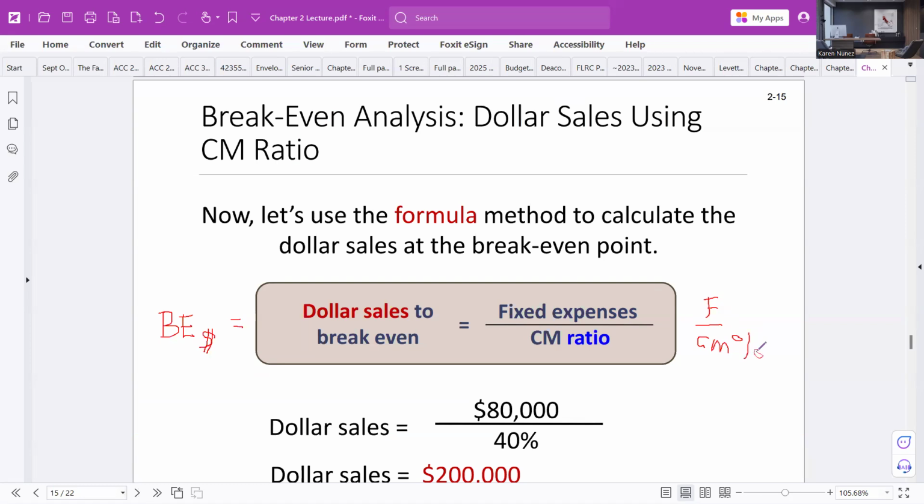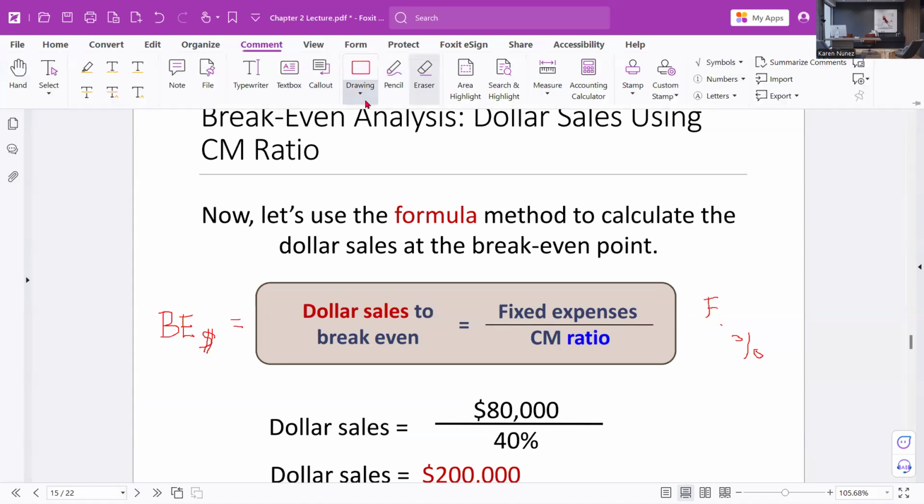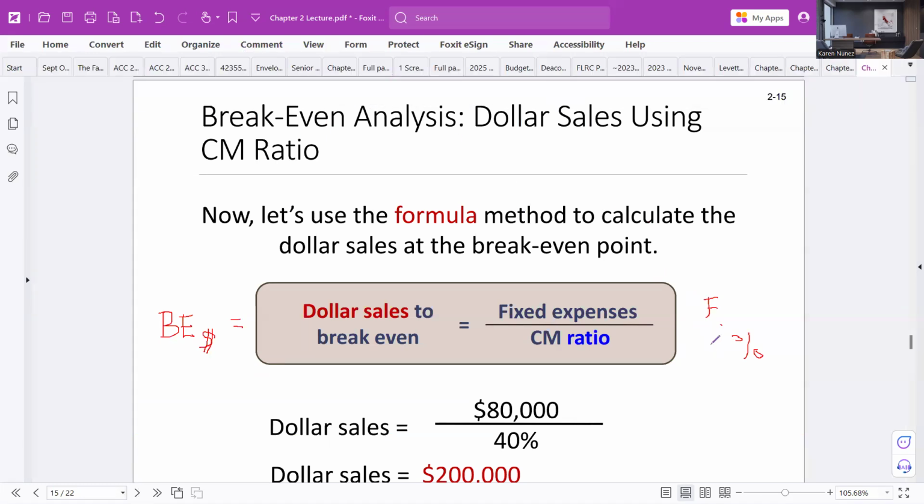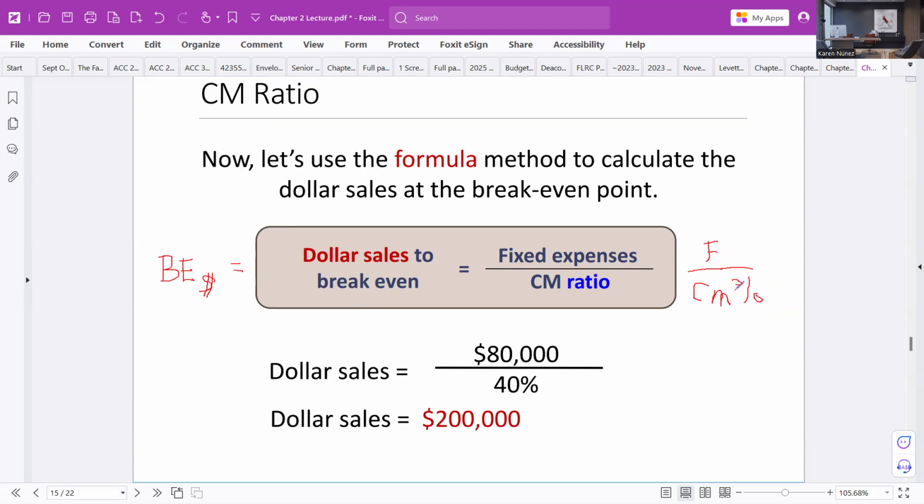So that contribution margin ratio is the contribution margin expressed as a percent of sales. So if we take the fixed cost divided by that contribution margin ratio, we end up with break-even dollars.